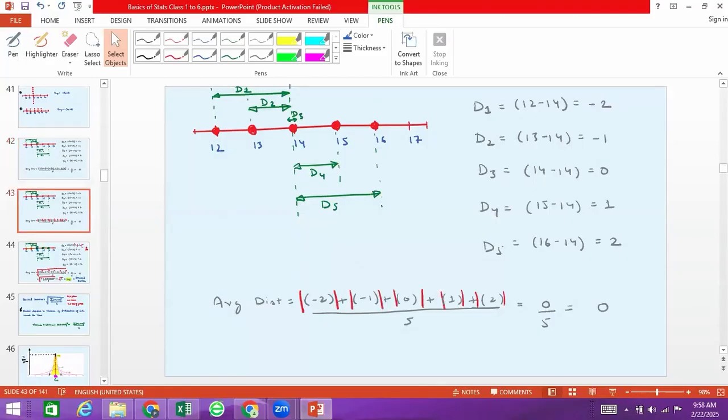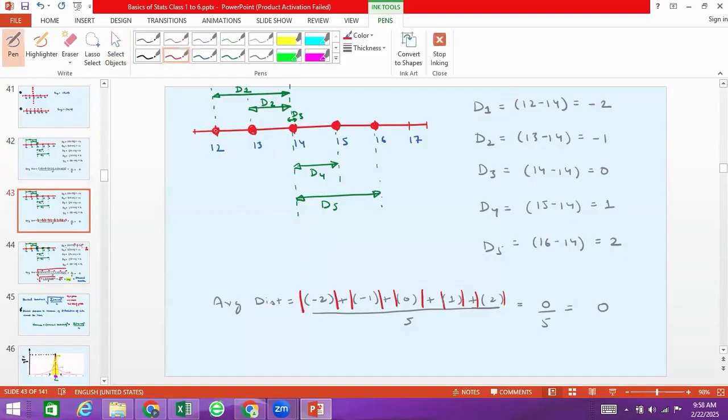Okay. So for example, here my average was 14. So this is 12, this is 13, 14, 15, 16. 5 points are there. What is the average of those 5 points? 14. So the distance of each point from the mean: d1 is 12 minus 14.